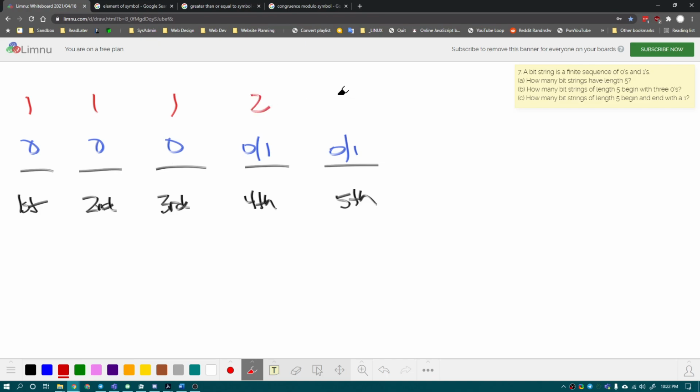Fifth? 2. And so this is equal to 1 times 1 times 1 times 2 times 2, which of course is equal to 4. Cool? Questions?